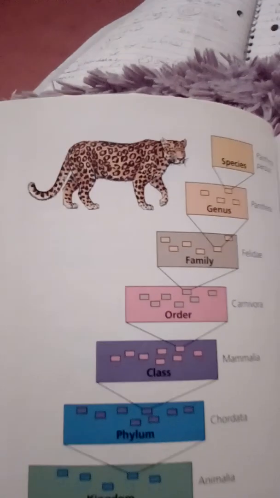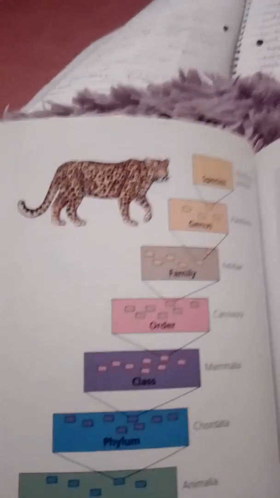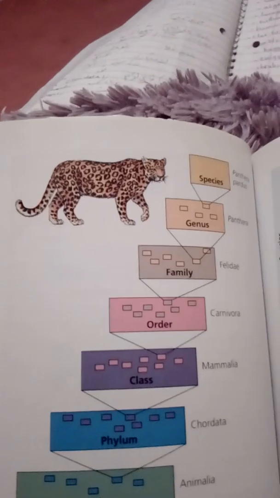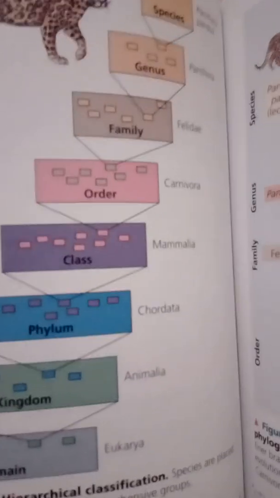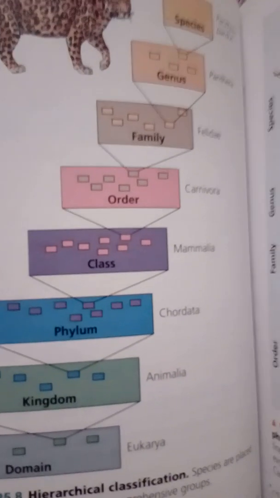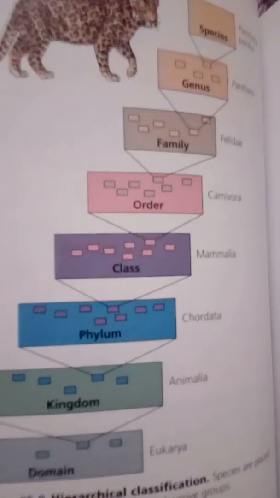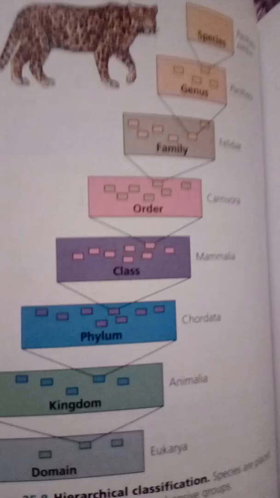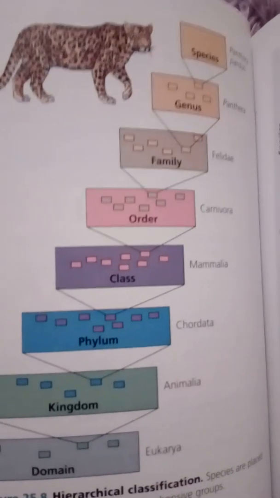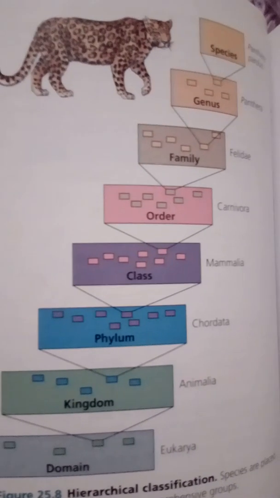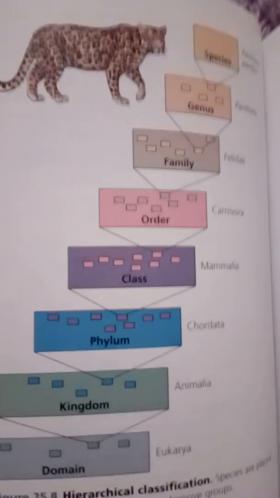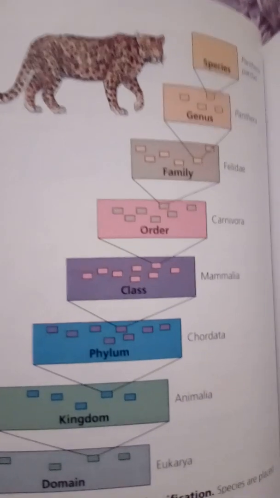They place related genera in the same family, families into orders, orders into classes, classes into phyla, singular phylum, phyla into kingdoms, and more recently kingdoms into domains. The named taxonomic unit at any level is called a taxon, plural taxa. For example, Panthera is a taxon at the genus level, and mammal is a taxon at the class level that includes all the many orders of mammals.